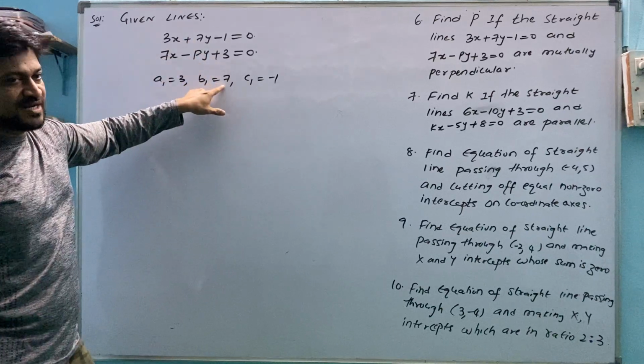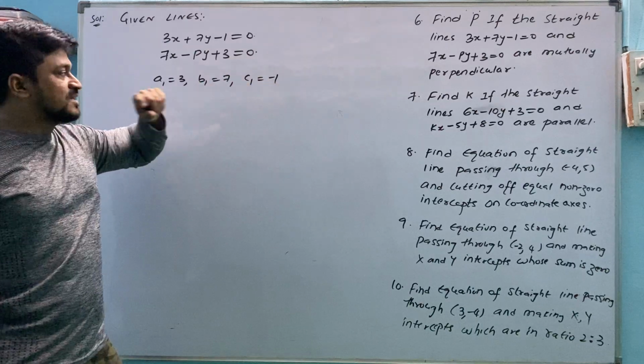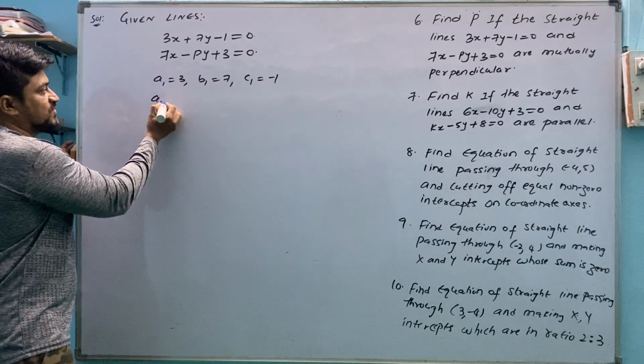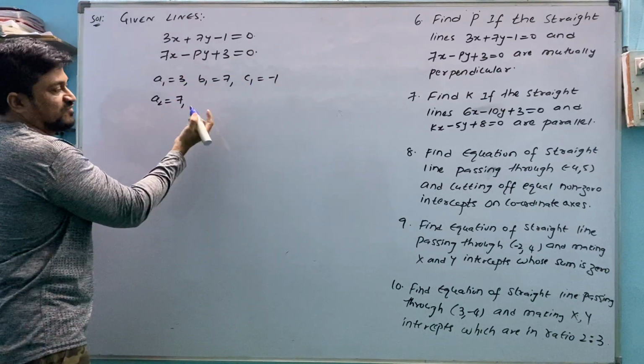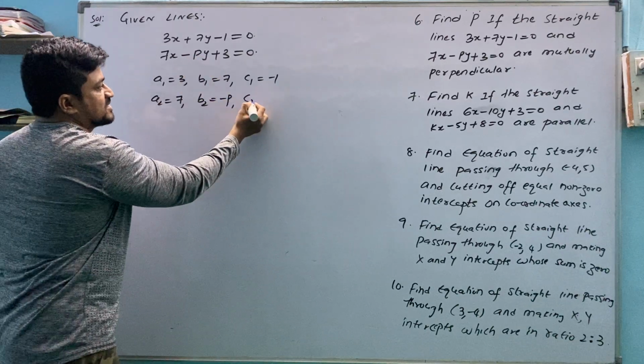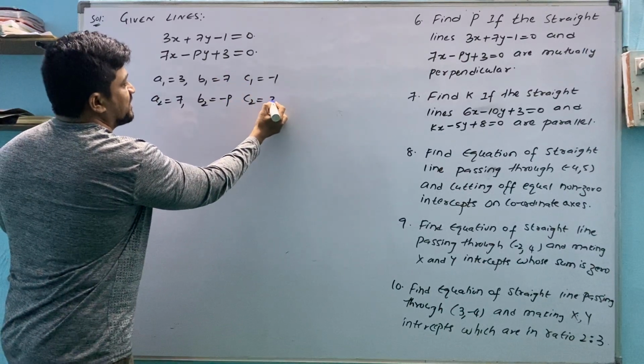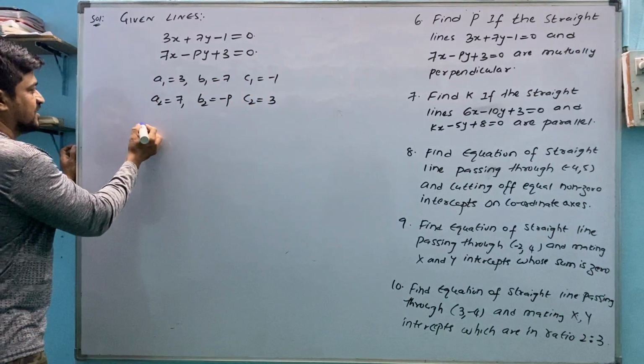Minus sign I write as minus, but if a plus sign is there or nothing is there, it means plus sign. Minus 1 is c1. Then a2 is 7, b2 is minus p, and c2 is 3 or plus 3.